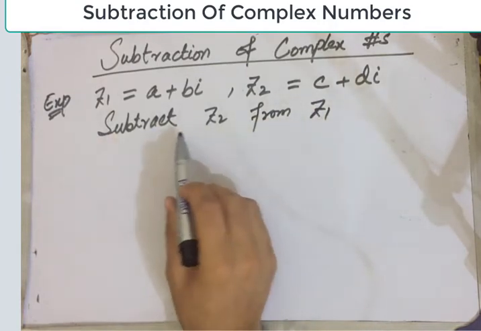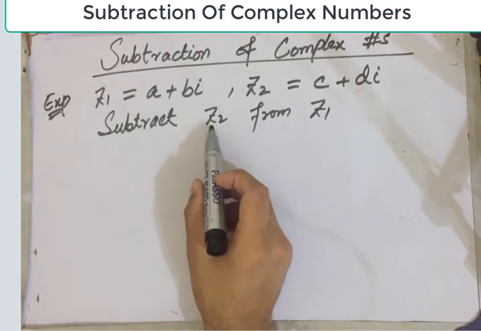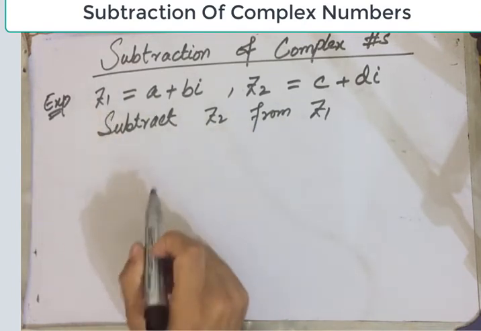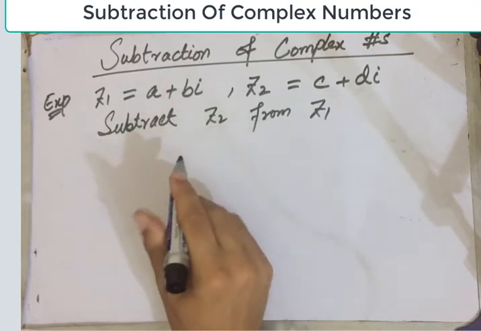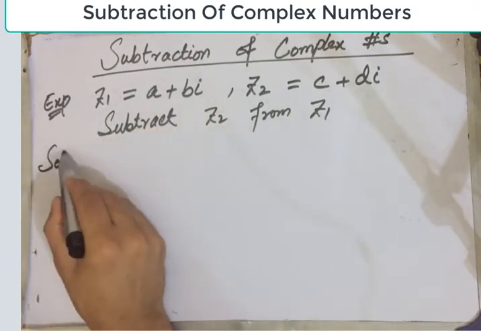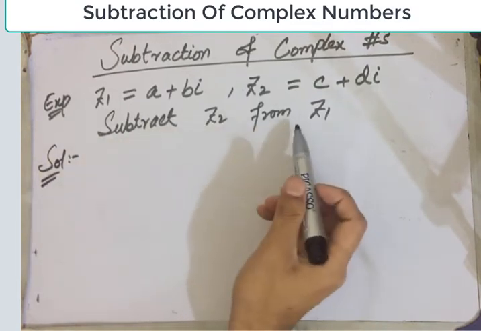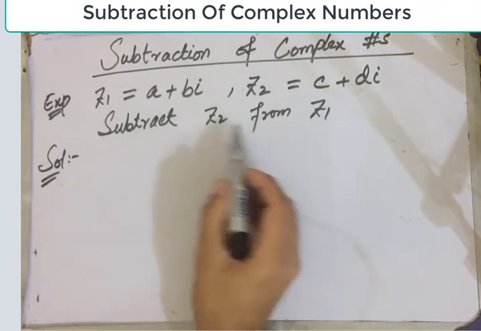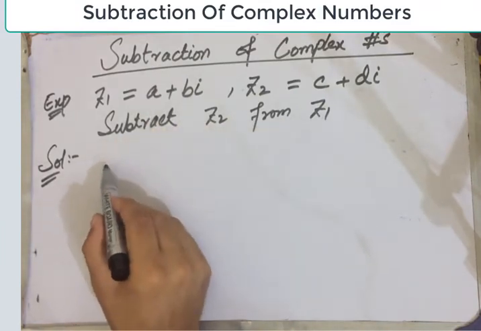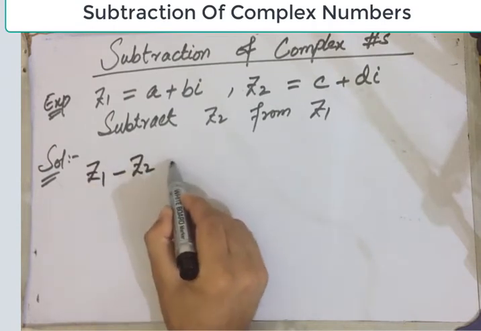Keeping in mind that if it is given in the question to subtract Z2 from Z1, we write first the value of Z1 then the value of Z2 in the solution. It means that we will write the value of Z1 first, then the value of Z2. Z1 minus Z2.